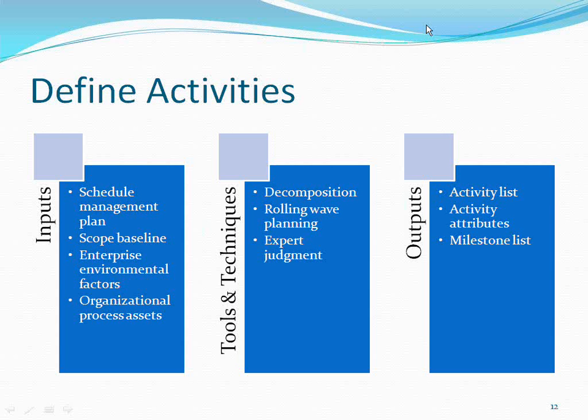Yeah, sorry. So the attribute is the description of each activity. You can put it in detail. I will show you the template for this activity attribute. Let us see how it looks.